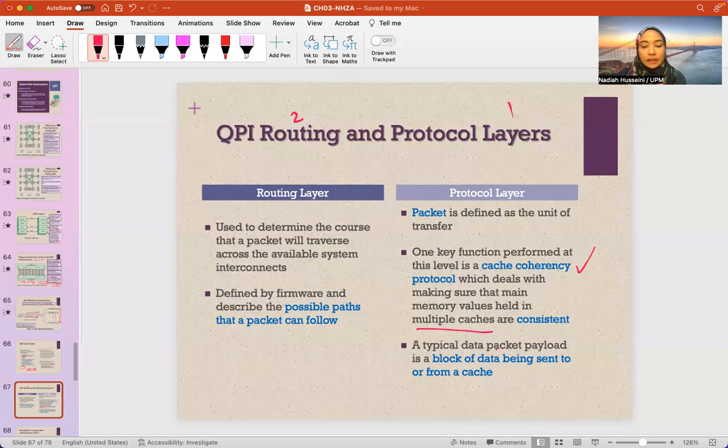A typical data packet payload is a block of data being sent to or from a cache. That's why the protocol layer needs to ensure that the values in the cache are consistent, because it is transferring the block of data to and from the cache. So the protocol layer deals with the cache. The routing layer deals with finding the possible paths for the packet.